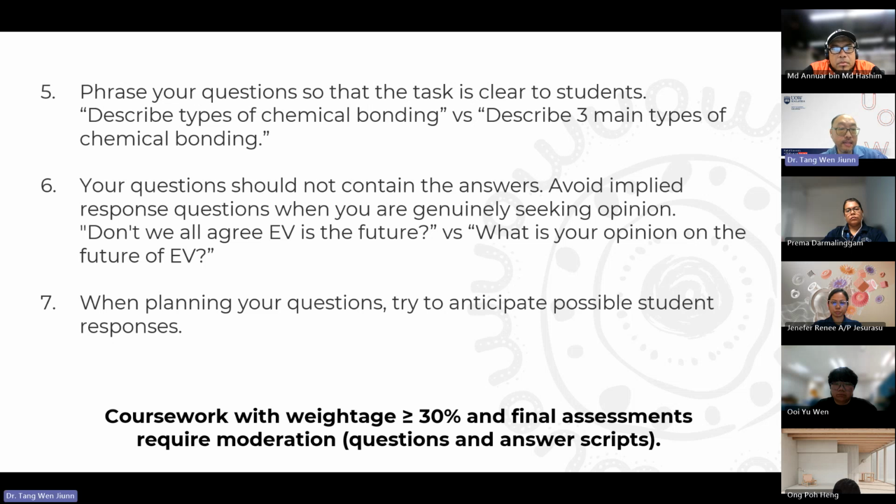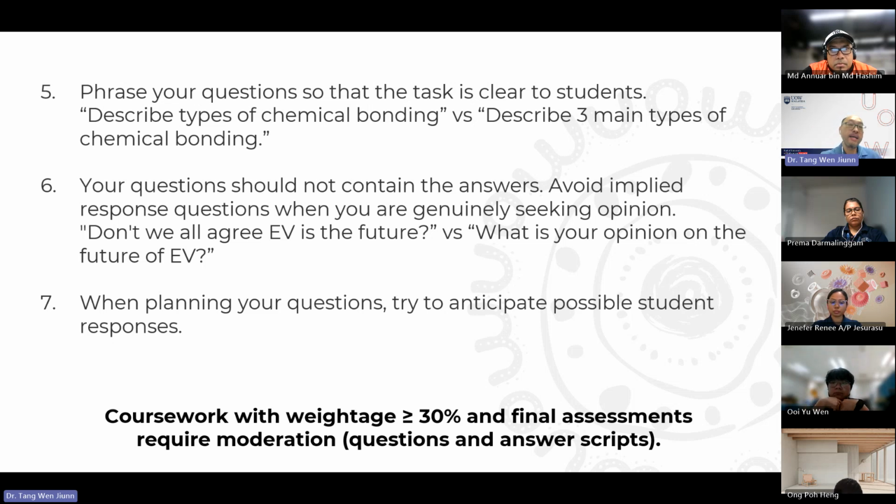And number 7, when we plan the questions, try to anticipate possible students' responses. Sometimes we want a certain answer from the question, but we have to read again and try to think like the students. If this is how I phrase my questions, will the students come up with this answer?